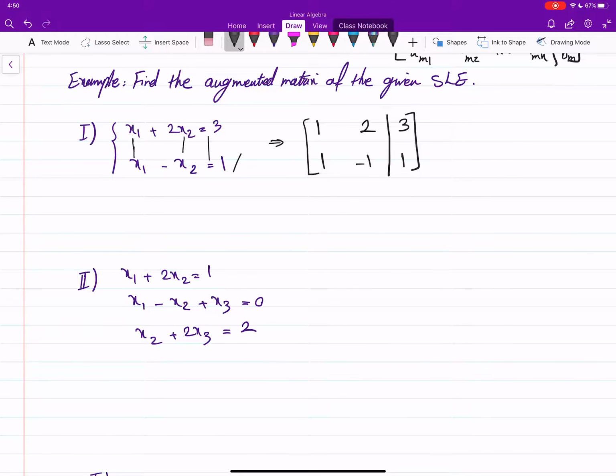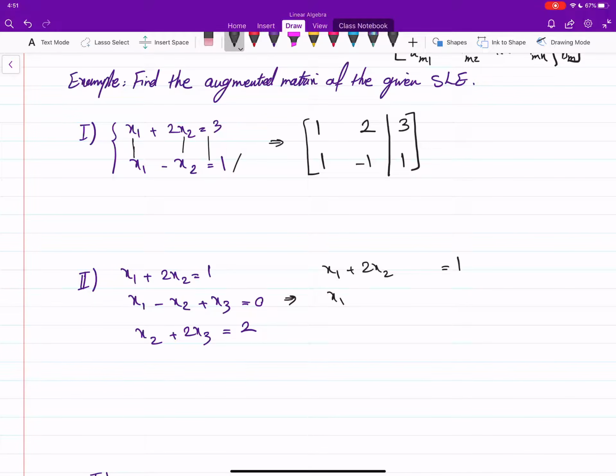For this system of linear equations, you notice right away that this is not written in the standard form. So you have to be very careful. First, write it in the standard form. So I will write x1 plus 2x2, put some space for x3, and then equal to 1.